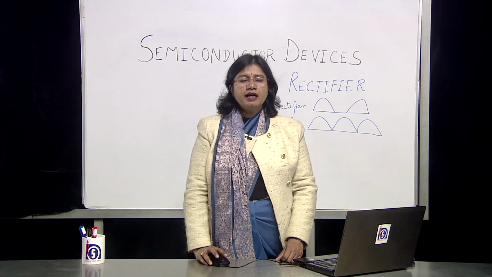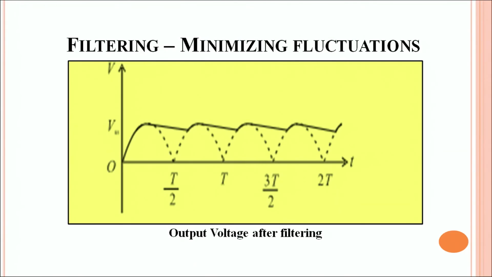Over here, a full wave rectifier is connected to an LC filter, and thus the impact of the LC filter is that the output has reduced its ripples and we are getting a DC voltage which is now much more smooth as compared to what we were getting through a full wave rectifier without a filter.